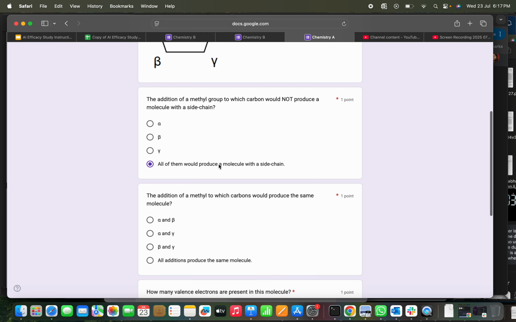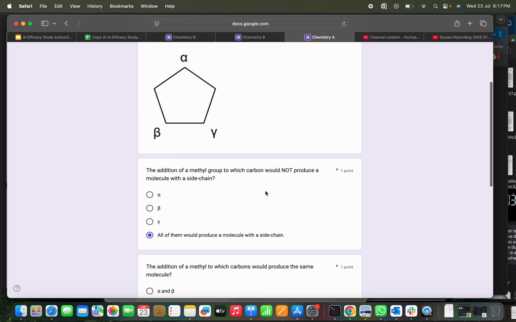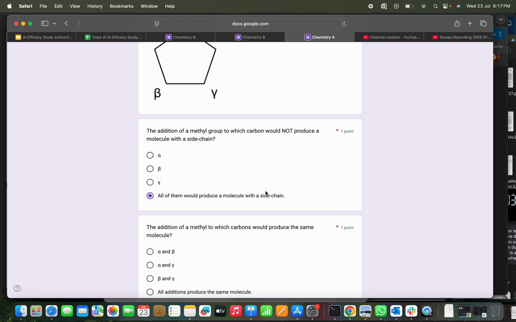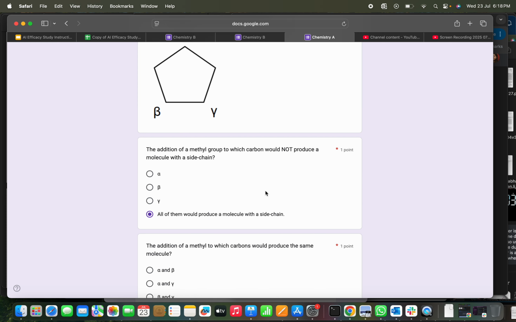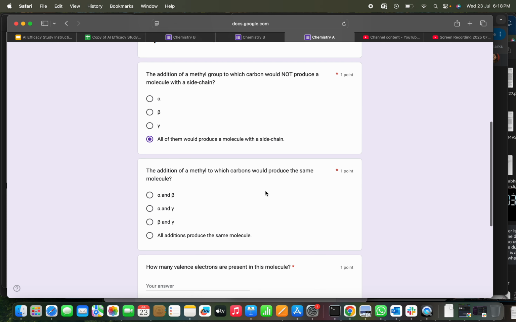The addition of a methyl would produce the same molecule. Alpha and beta. If I add a methyl, where would it produce the same molecules? I guess all of them.